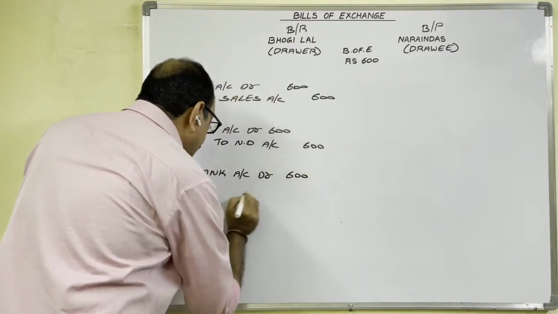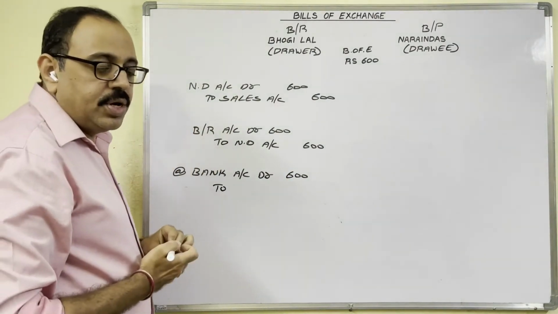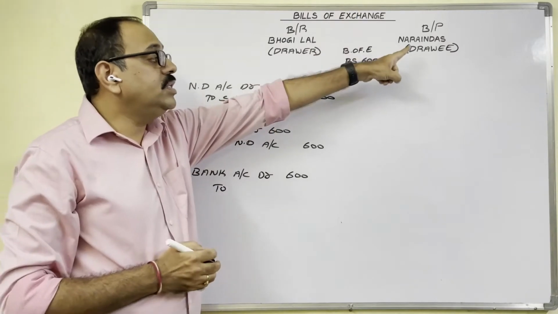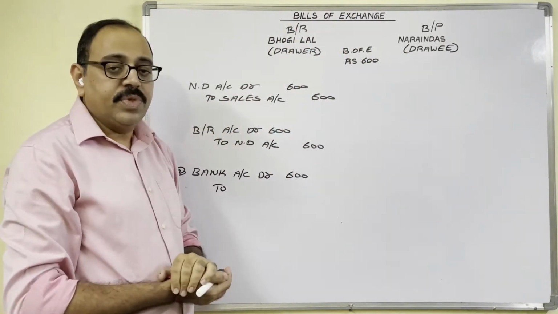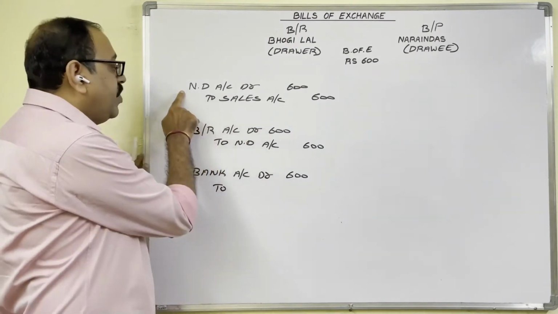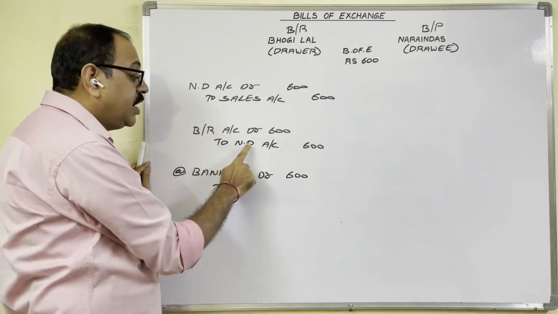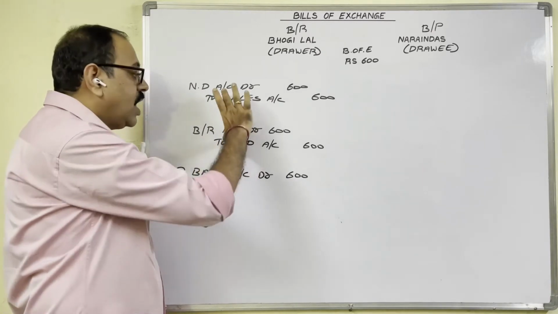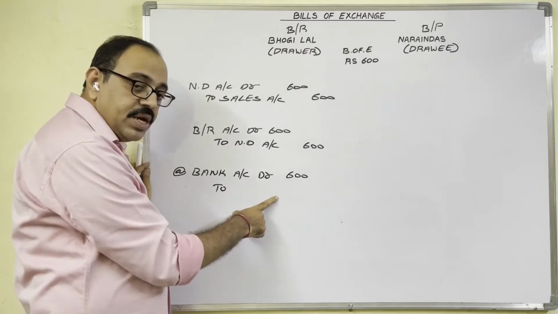So debit 600 rupees. Then which account is to be credited? Don't think that Narayan Das is paying money, he is a giver, so we should credit him. No. Because in the first entry we debited Narayan Das account, and in the second entry we credited Narayan Das account. Means Narayan Das account is already closed. Then which account should we credit here?